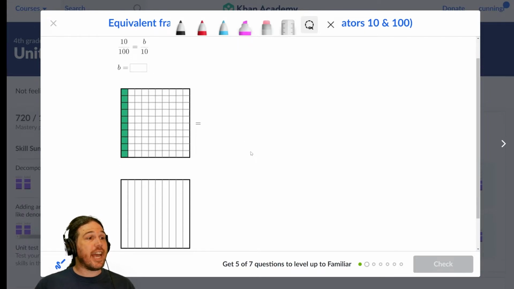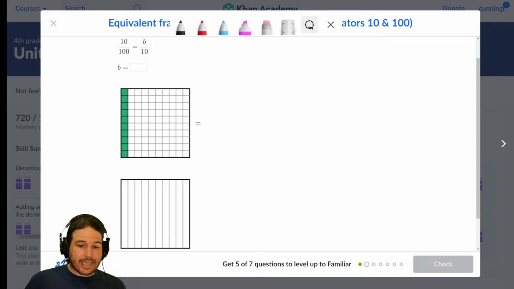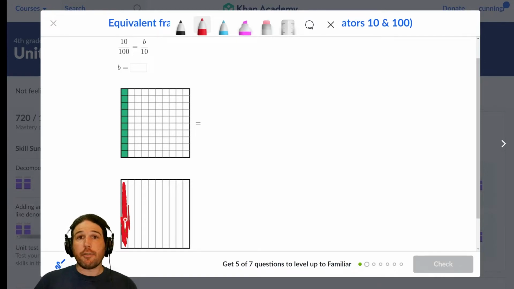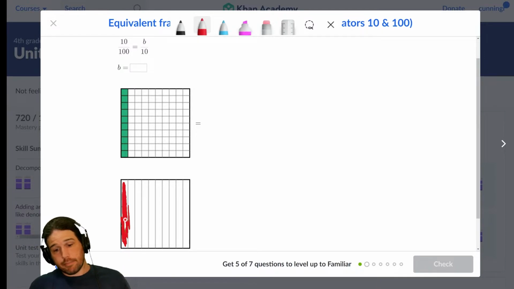So if I have 10 over 100, and again, it's kind enough to give me these two models here, I can tell that these 10 little squares here are equivalent to one of these little rectangles here. Yeah? 10 out of 100 is the same thing as 1 over 10.